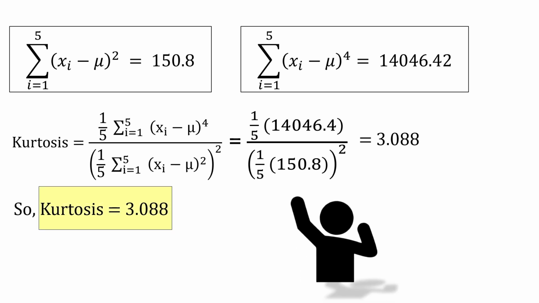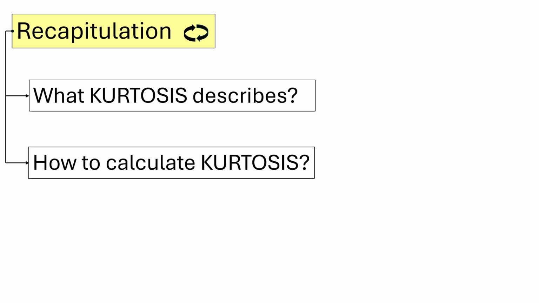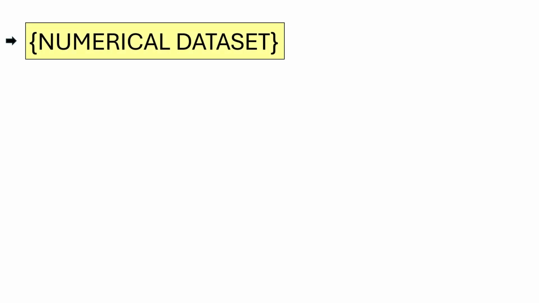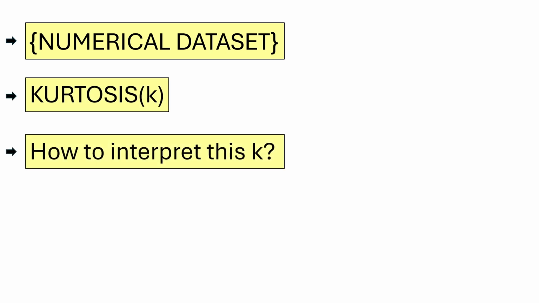So till now we understood what kurtosis describes and how to calculate the kurtosis of a numerical data set. Now if we are given a numerical data set and we found its kurtosis value, then how do we interpret this kurtosis value, where k represents kurtosis?